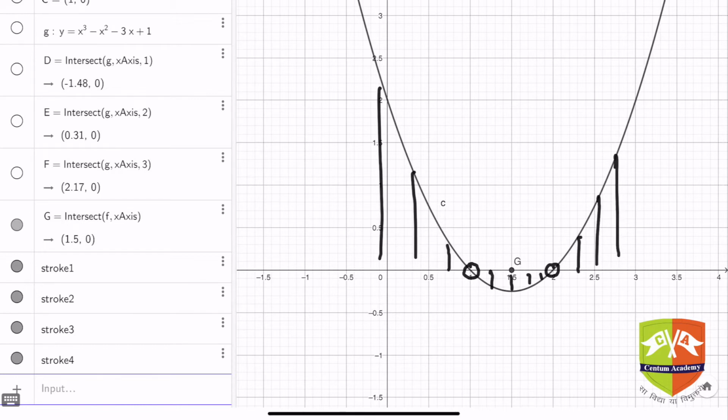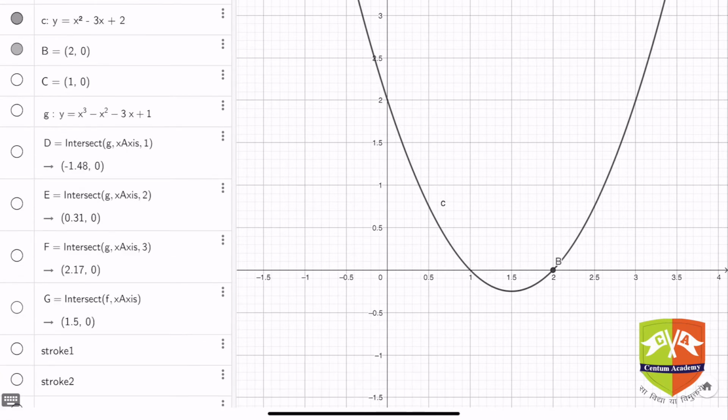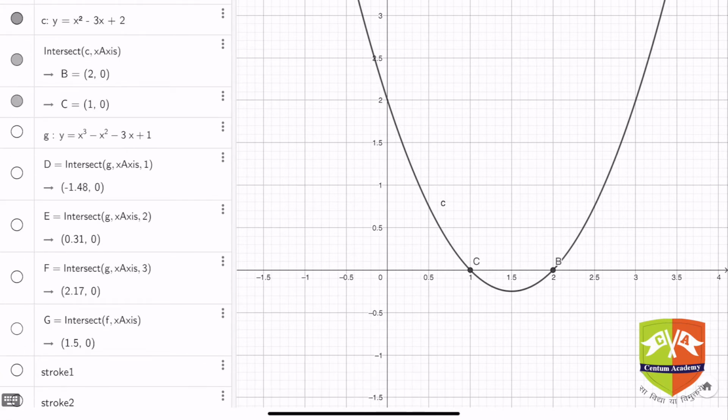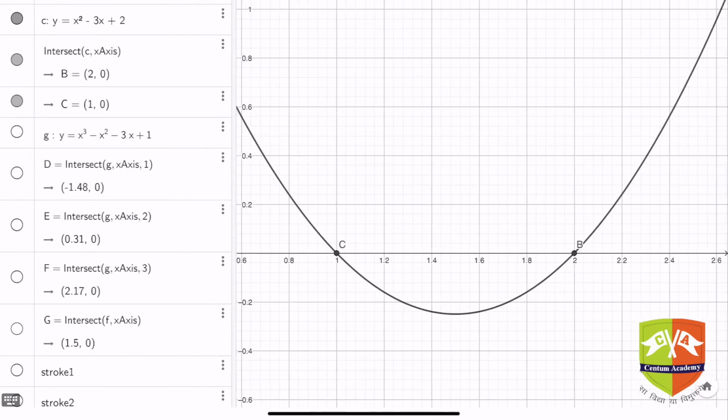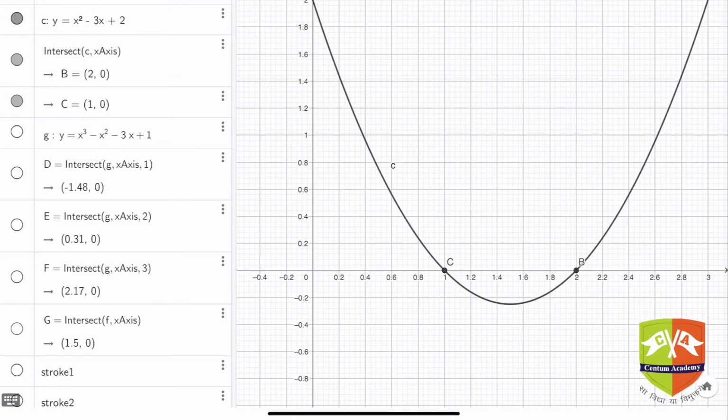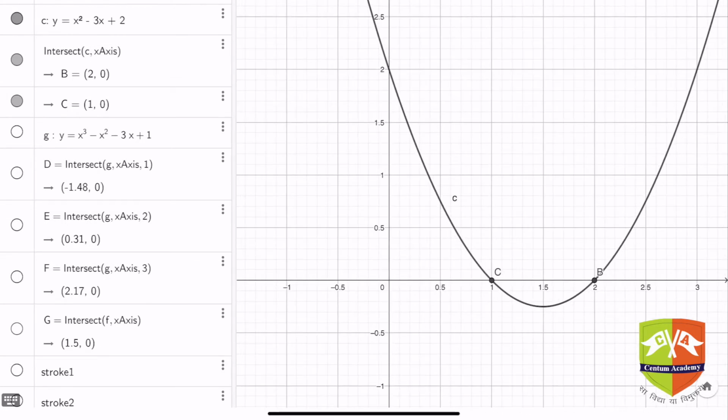So there are two zeros, two values of x where the polynomial is becoming 0. This value is x equals 1 and this value is x equals 2. At these two values, the quadratic polynomial is becoming 0.